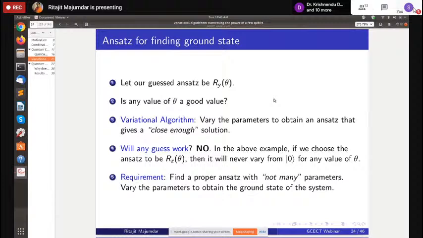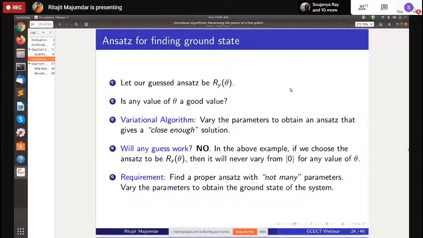But if the number of parameters is extremely high, then in order to find the best values of these parameters, it will take you a long time. And finding these best values you will do in a classical computer. And even in a classical computer, it will take a huge time. So we don't want a large number of parameters, and secondly, we want a proper way to guess.